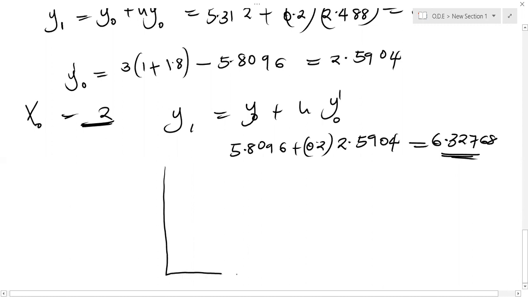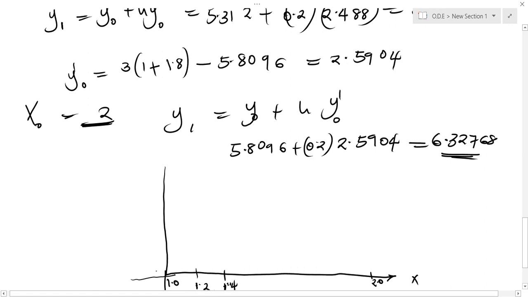We have values of y on this side, values of x on this side, and the values of x are running all the way from x equal to 1 to x equal to 2, with intervals of 0.2. So I have 1.2 here, 1.4, and so on. I want you guys to plot this graph for me.